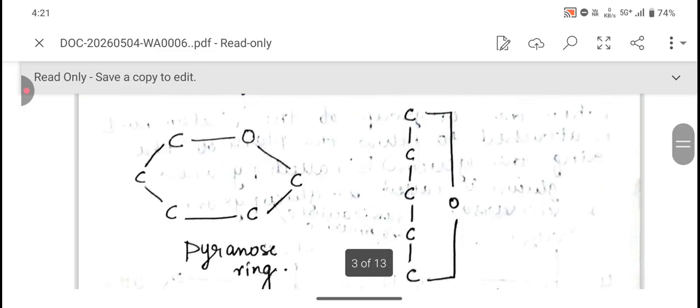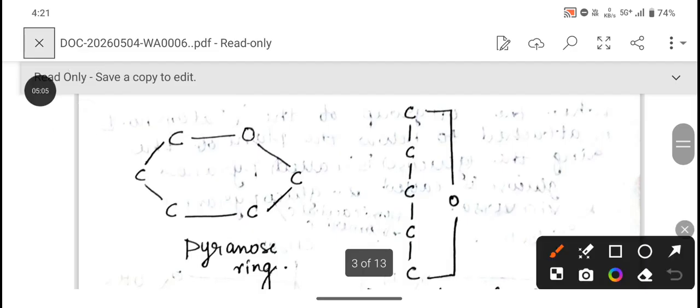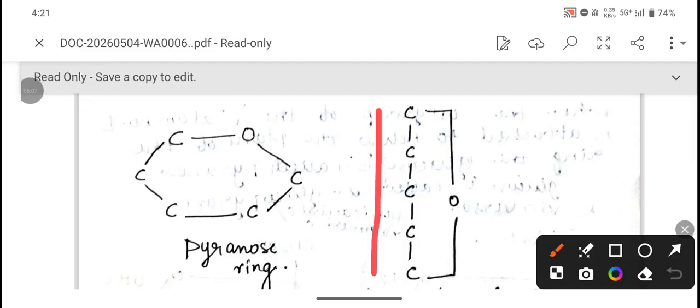If you want to derive the straight chain structure from this pyranose ring, this will be the structure. You can see the presence of an oxygen atom in the ring.